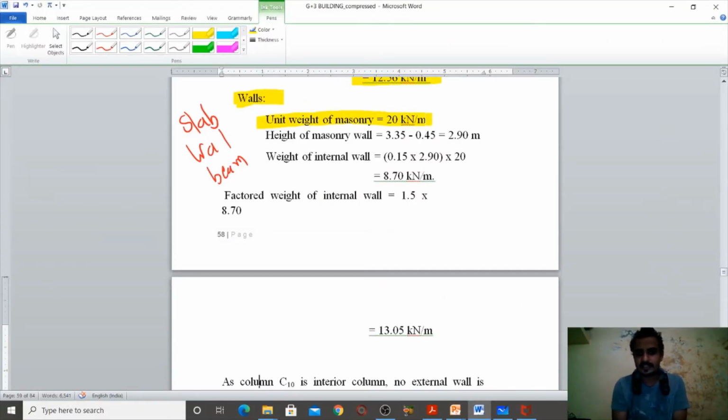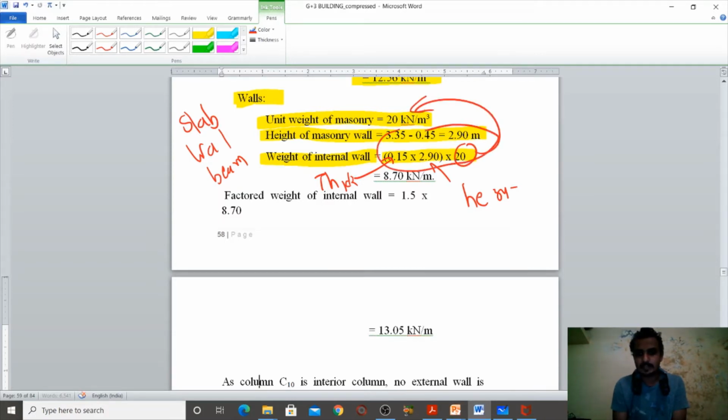The unit weight of masonry is 20 kN per meter cube. Height of masonry wall is 3.35 minus 0.45, so the height of masonry wall is 2.90 meter. Weight of internal wall is 0.150 into 2.90, the height. 0.150 is the thickness, and here is the unit weight.